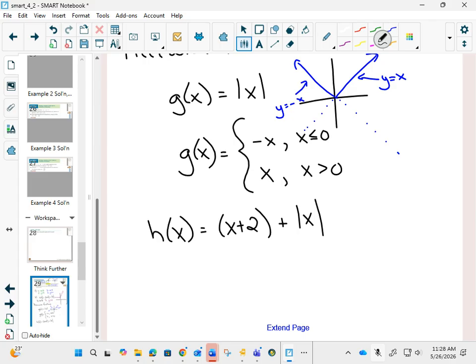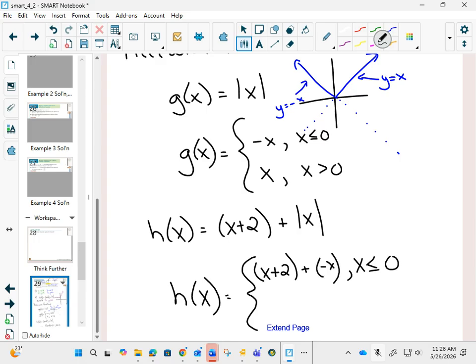But if I rewrite it as a piecewise function, check it out. X plus 2 plus, well, let's use this part. When x was less than or equal to 0, what's the absolute value of x? Negative x, right?